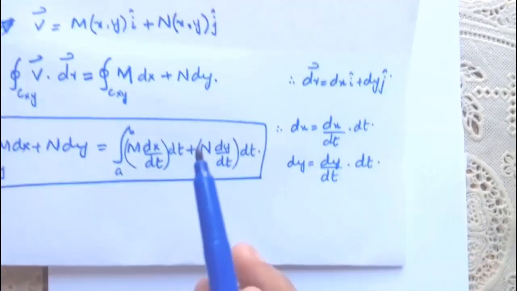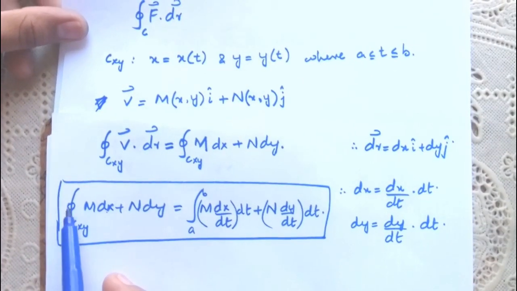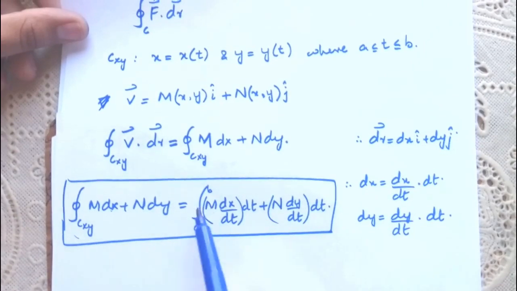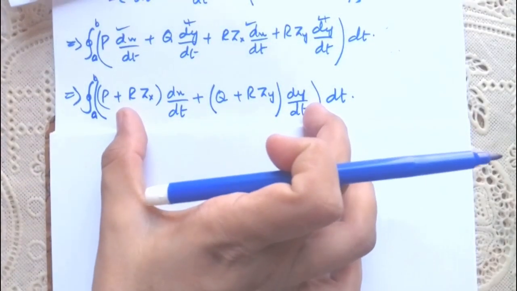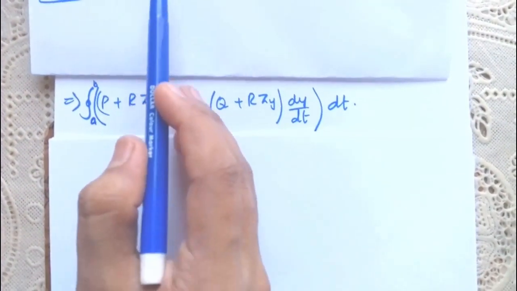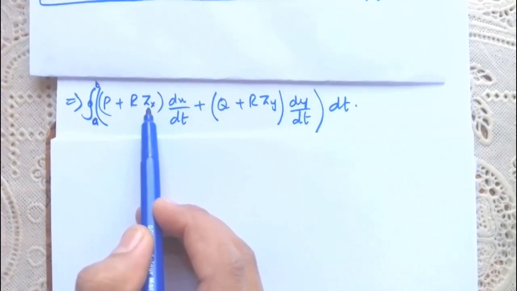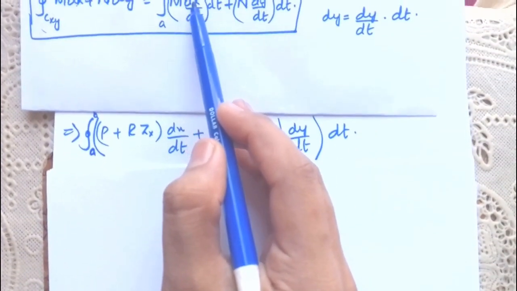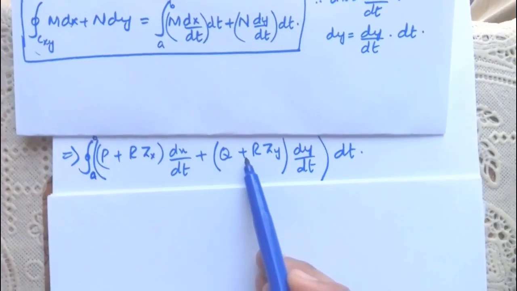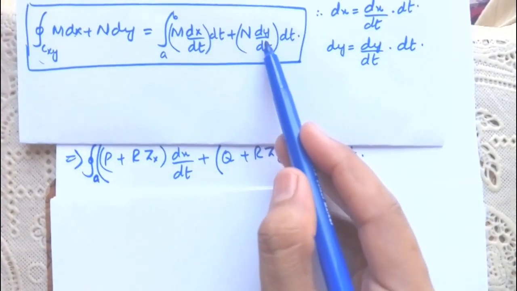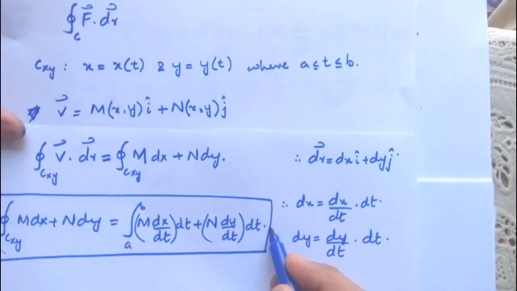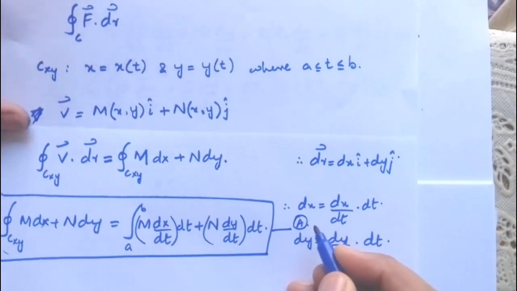Now a few minutes ago we proved that the line integral over the curve C of m dx plus n dy is equal to this expression, and this expression is the same as this, meaning m is equal to p plus r zx, dx over dt, plus n is equal to q plus r zy, dy over dt times dt. So this is equation A, let's suppose.